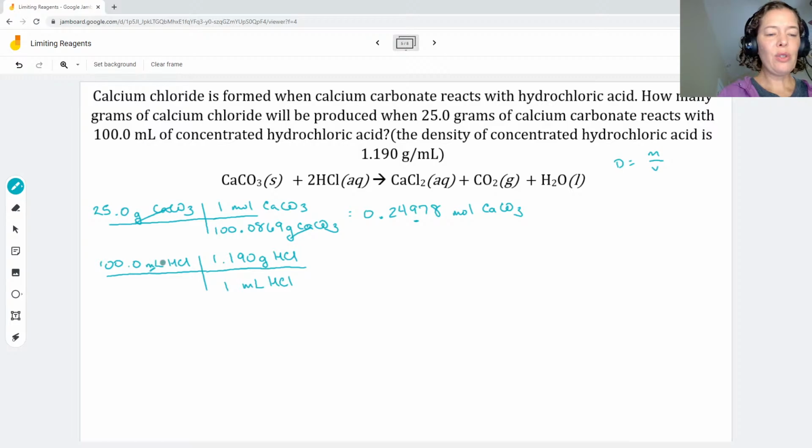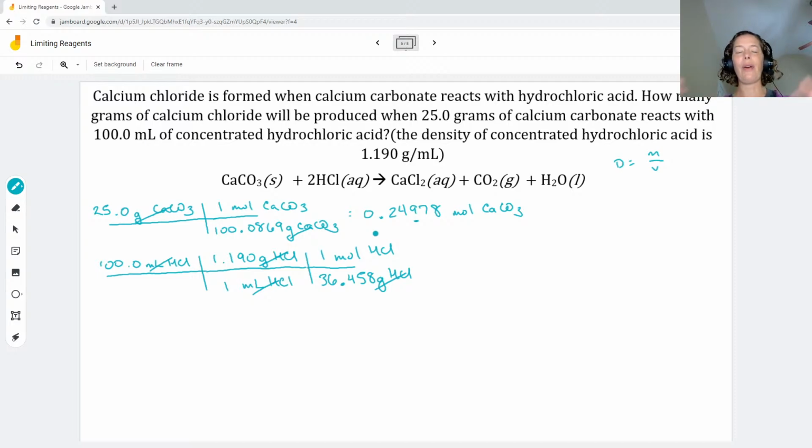So that is going to get us to cancel our milliliters. We're left with grams. And now we're just converting grams to moles, which is just molar mass, right? So that's easy. So this is 36.458 grams of hydrochloric acid per 1 mole of hydrochloric acid. So now my grams have canceled and I'm left with moles.